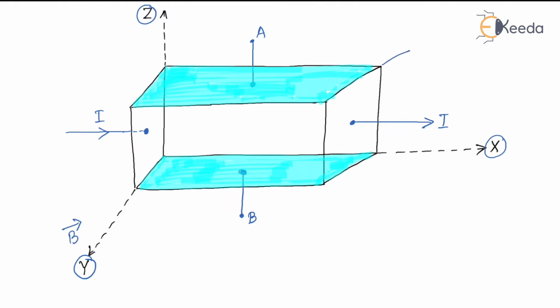So, if we assume that this is a p-type semiconductor, then we know that there will be lots of holes inside this semiconductor.